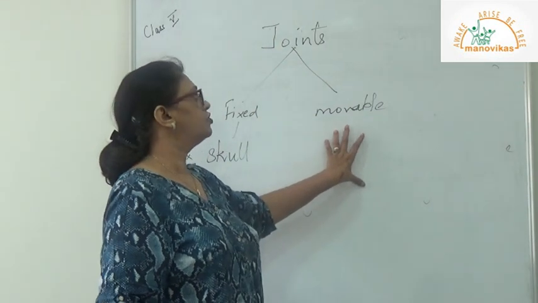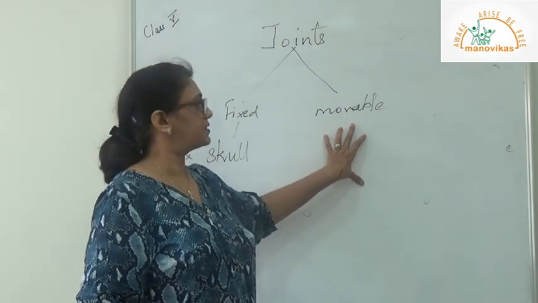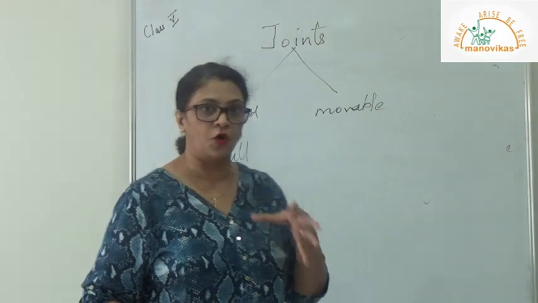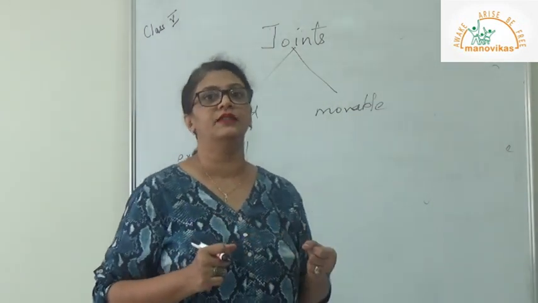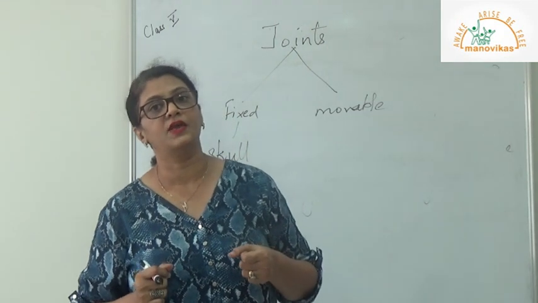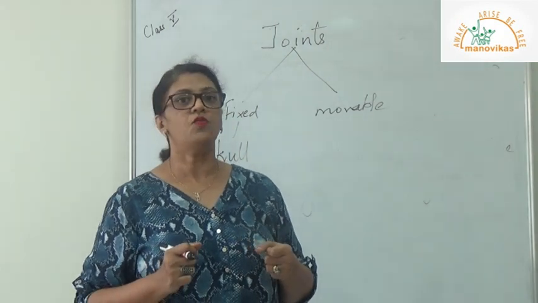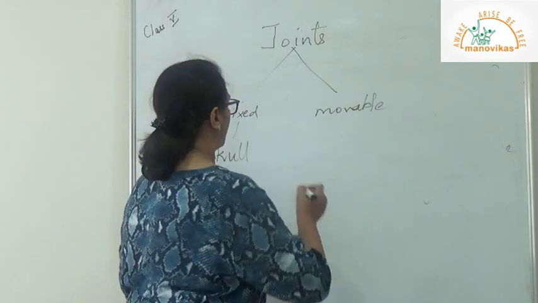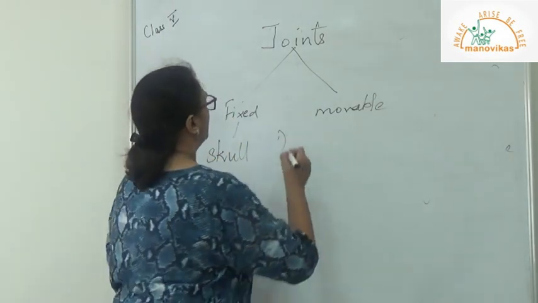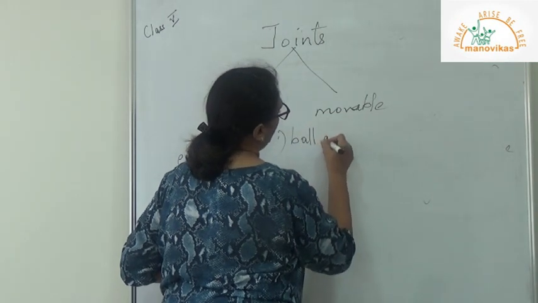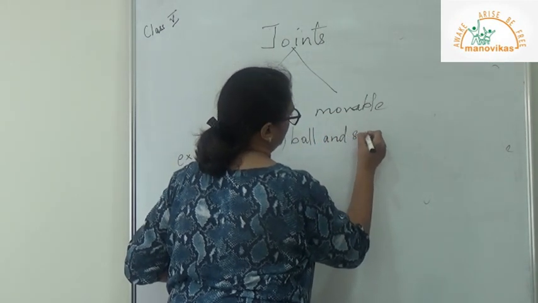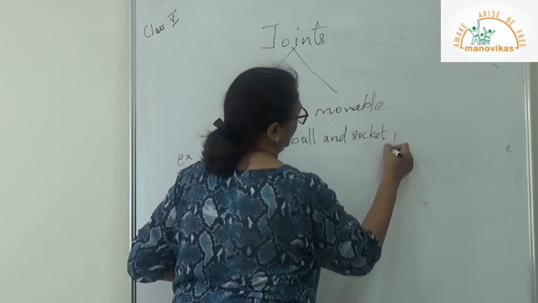Now we come to movable joints. Movable joints are joints that allow movement. Not all movable joints allow movement in all directions. Now what are the different movable joints? One, ball and socket joint.